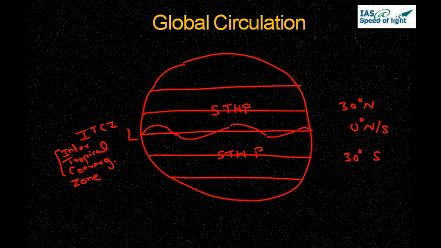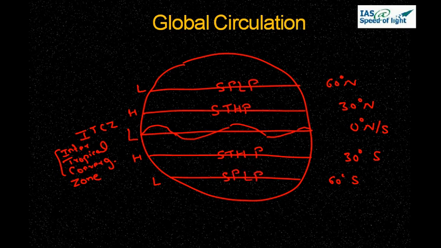which is 60° north and 60° south. And here we get another low pressure, which we call the subpolar low pressure belt.